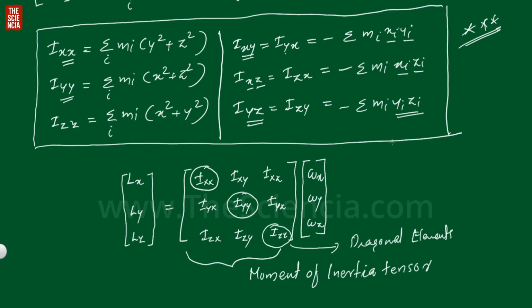And we call these terms the product of inertia. The cross terms, that is Ixy, Ixz, Iyz, are called the product of inertia, and the terms Ixx, Iyy, Izz are called the principal moment of inertia.